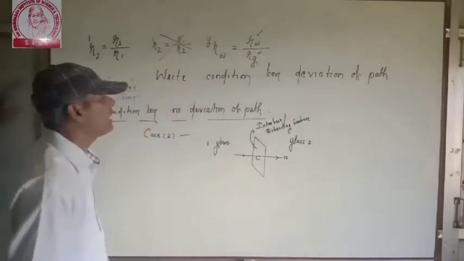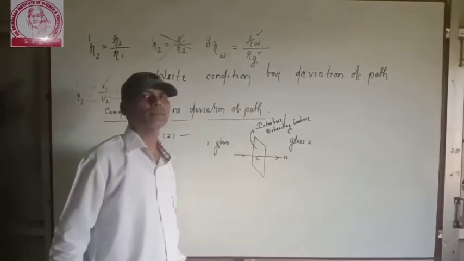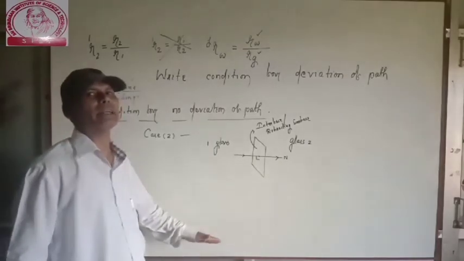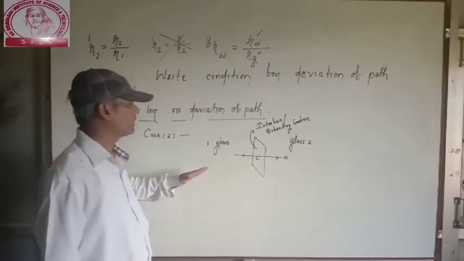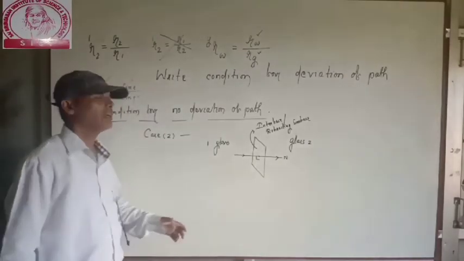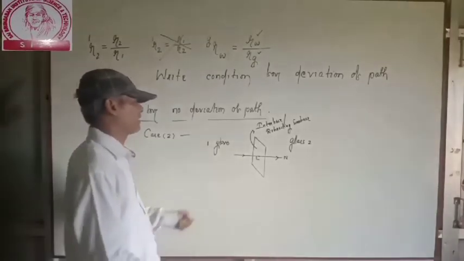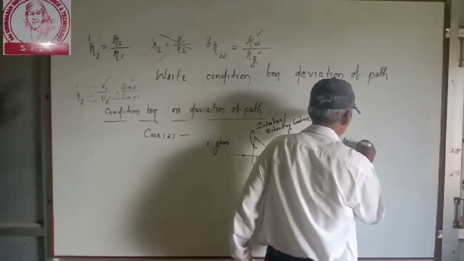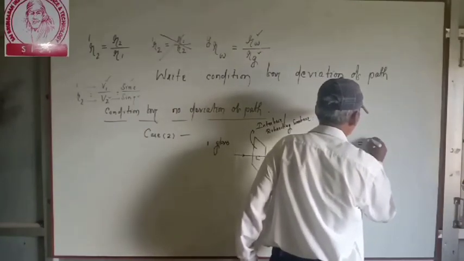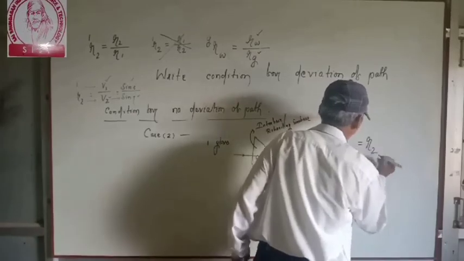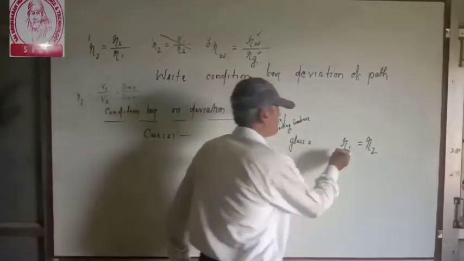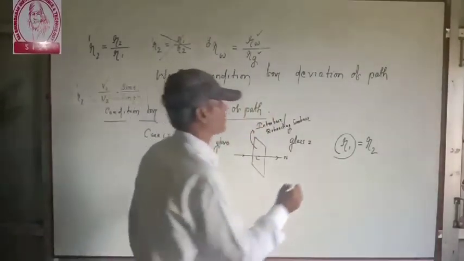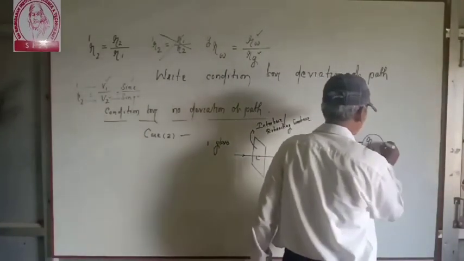Both the glasses are of the same color and same transparency. That's why the absolute refractive index mu1 is equal to mu2. This is the absolute refractive index of the first medium, and this is the absolute refractive index of the second medium.